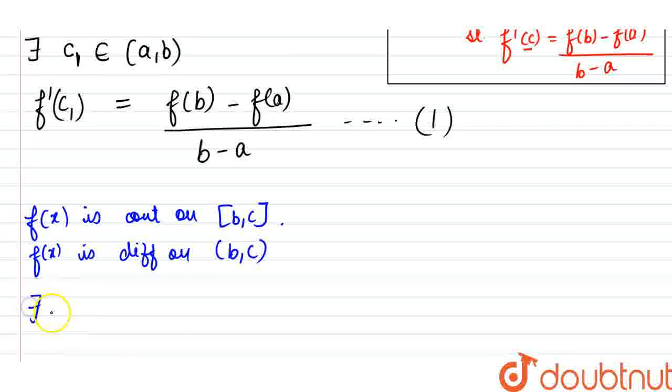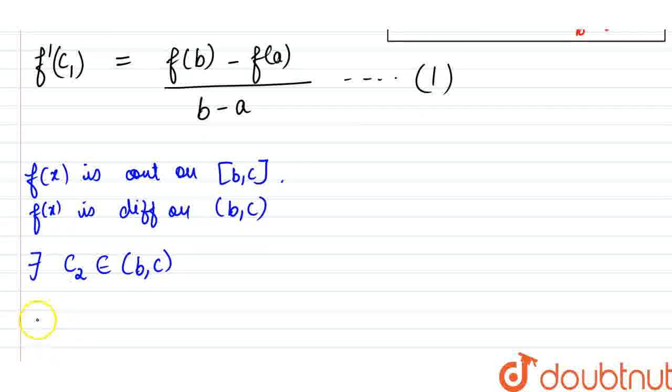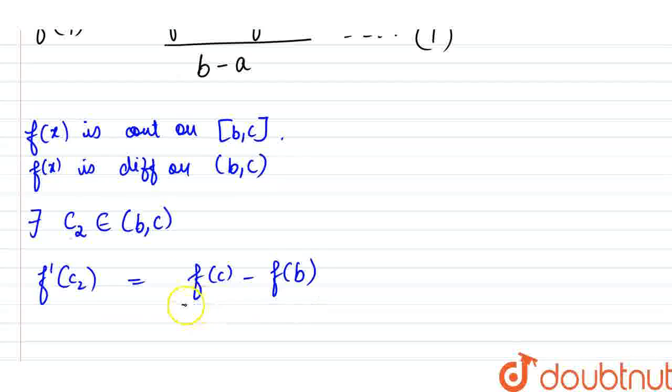Then again by the LMVT there exists some c2, let's say, in the open interval b to c, such that f dash c2 is f of c minus f of b divided by c minus b, and let's mark it as 2.